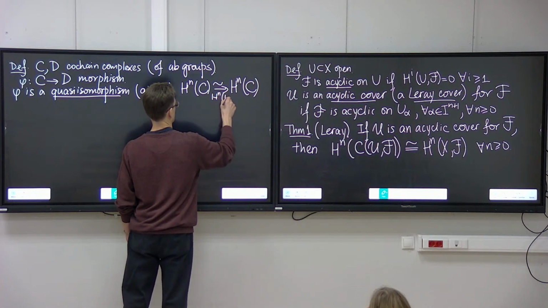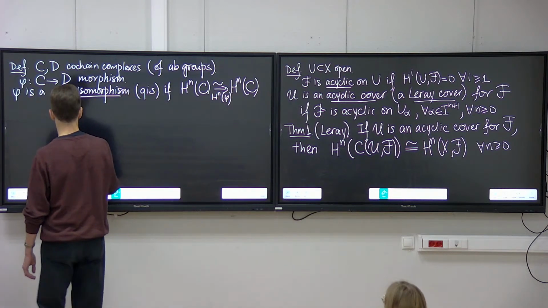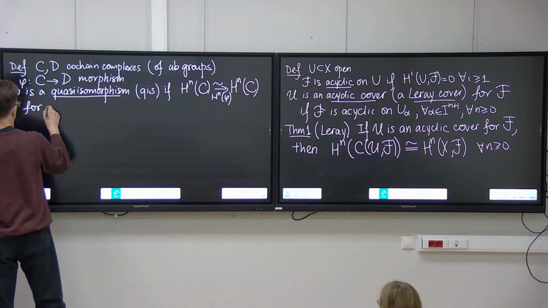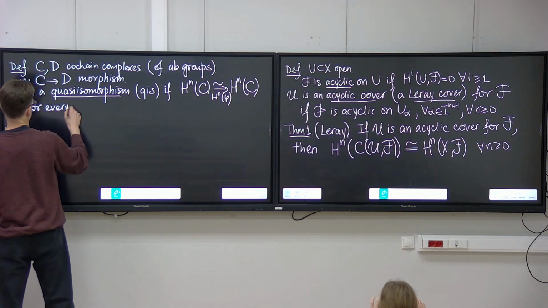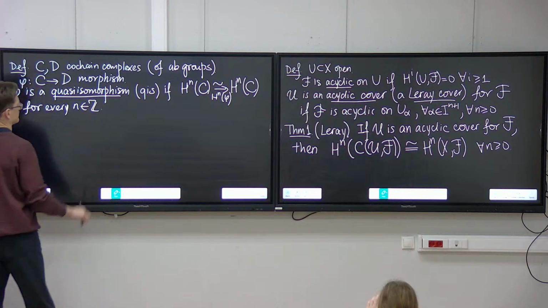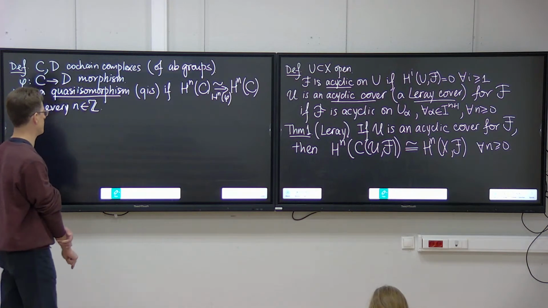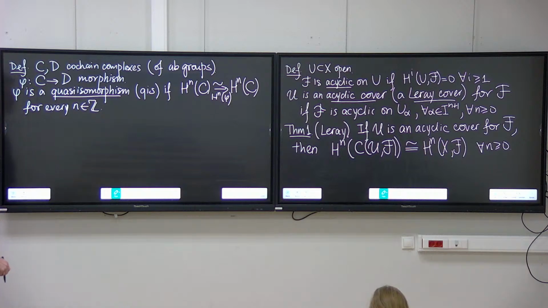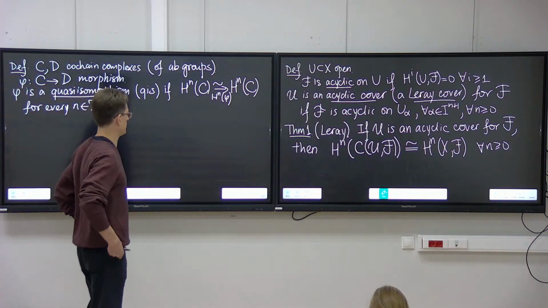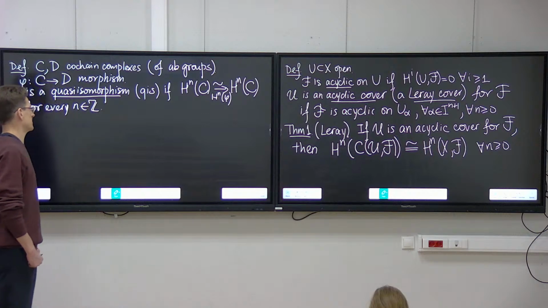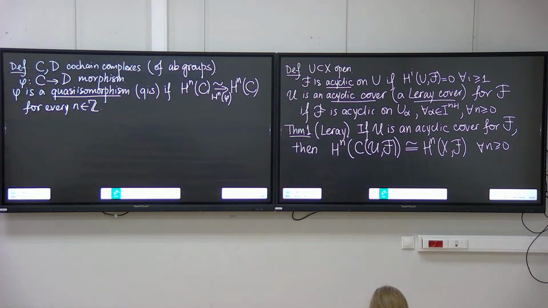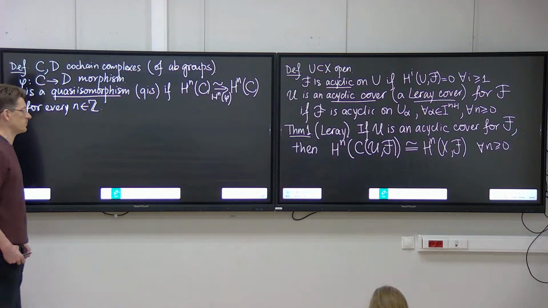So H^n of phi is an isomorphism for every n. Of course, if phi is an isomorphism, then it is a quasi-isomorphism, but clearly the converse is not true. For example, if C is exact, then it is quasi-isomorphic to 0.